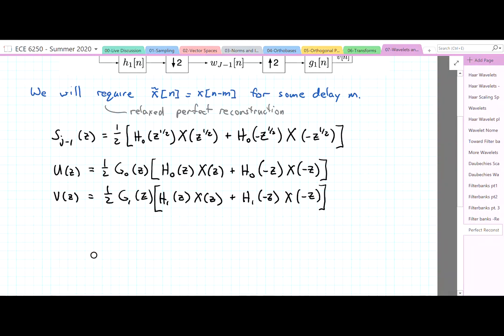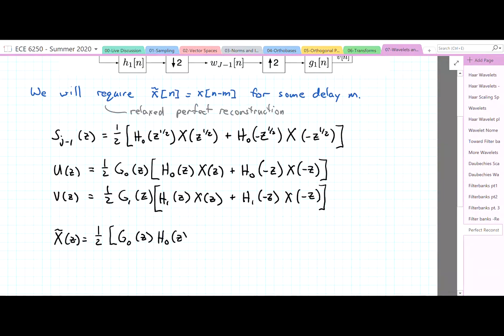So now we get to a really ugly expression, and that is that X tilde of z is equal to 1/2. We're going to try to factor out our X of z and X of minus z, and it should become clear really soon.